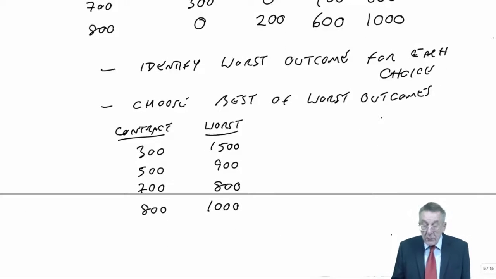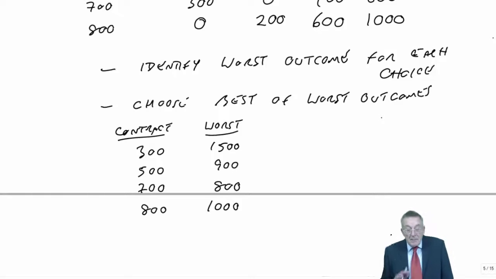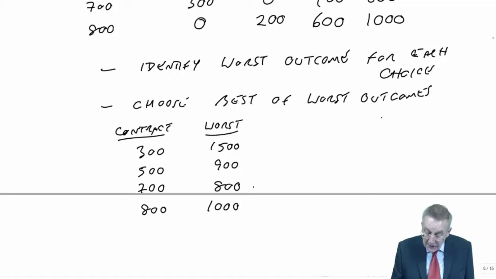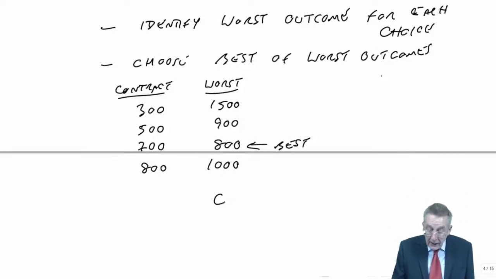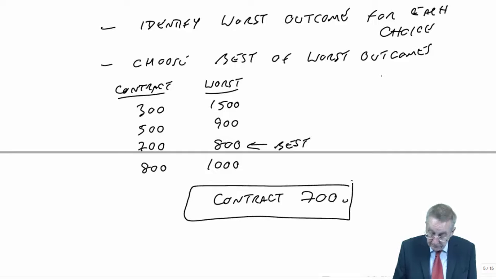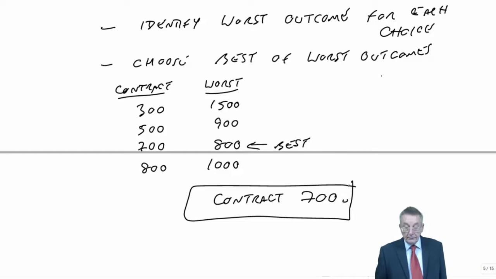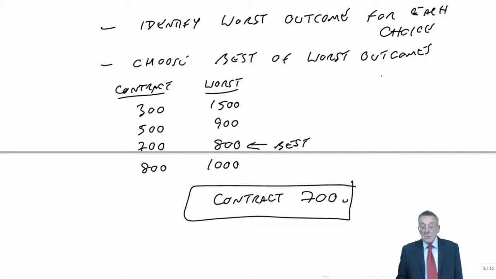The best of the worst, well again, since these are in a sense losses, the best of the worst is the smallest, which is 800, and therefore you'd contract for 700. And there we are.